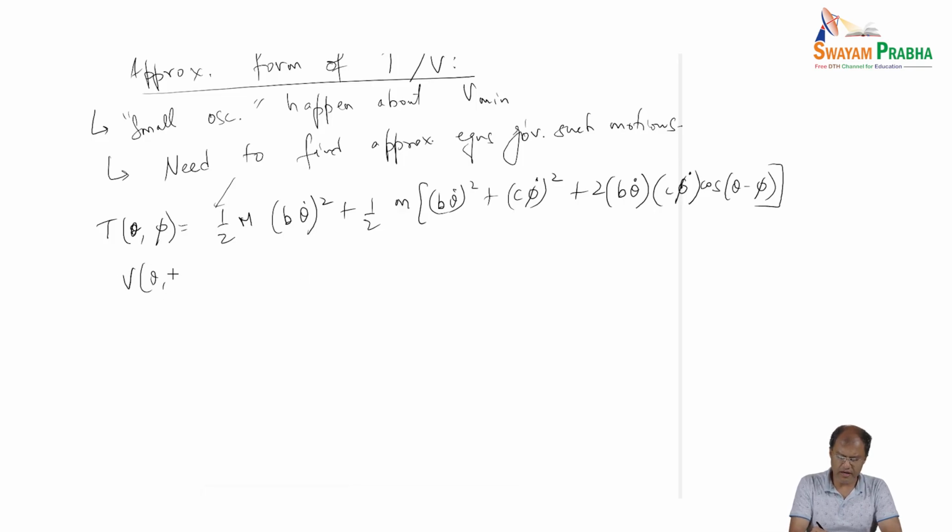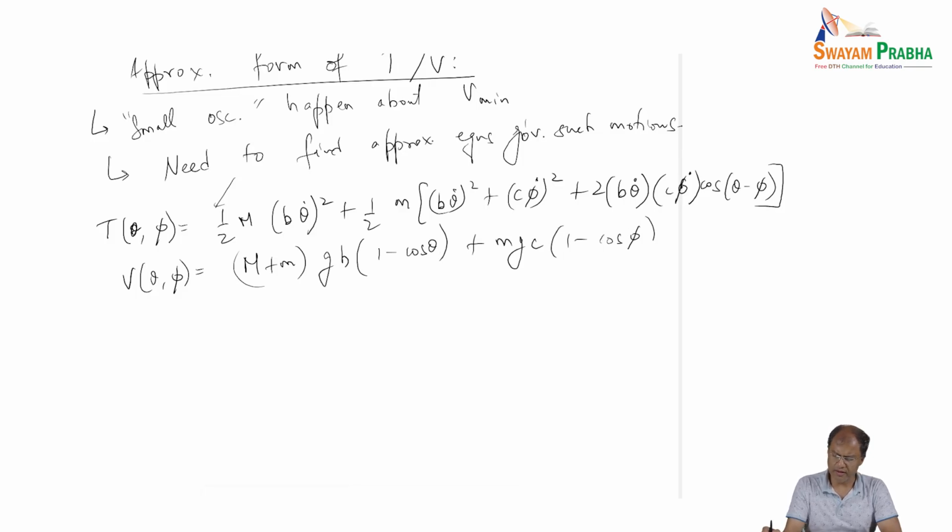And V of theta comma phi is the corresponding potential: M plus m times G B times 1 minus cos theta plus m G C times 1 minus cos phi, right? And now we can write down the Lagrange equation, which we will eventually approximate.